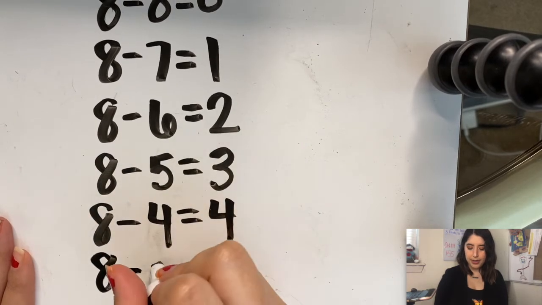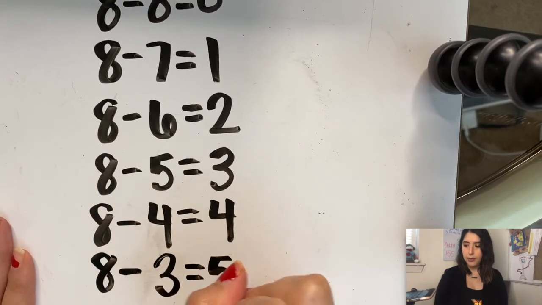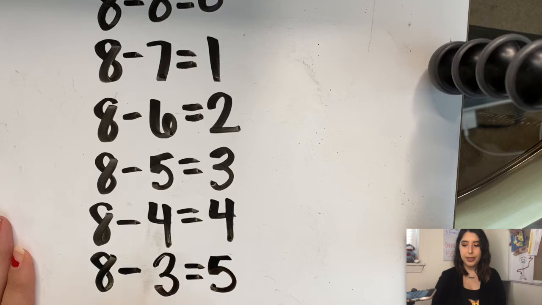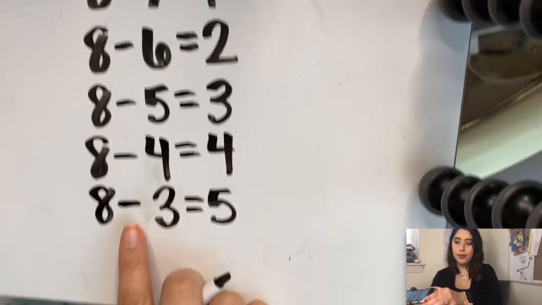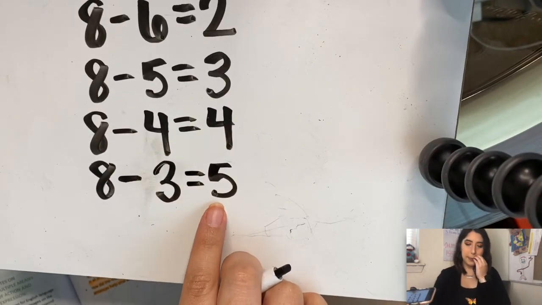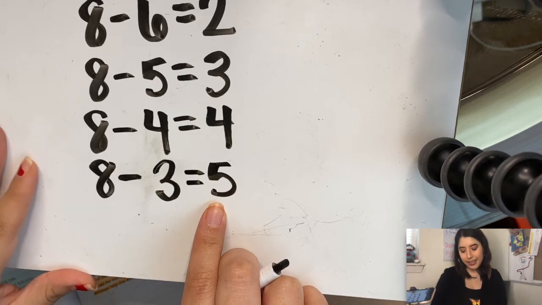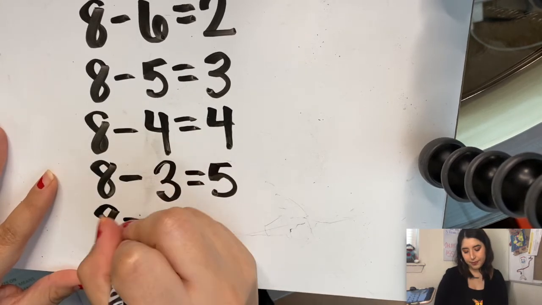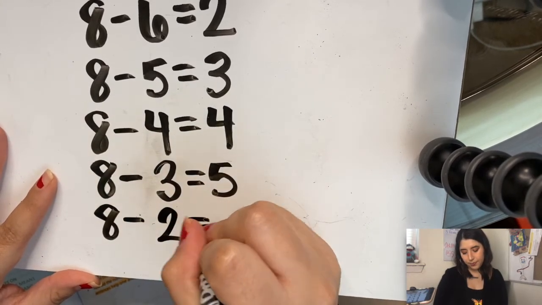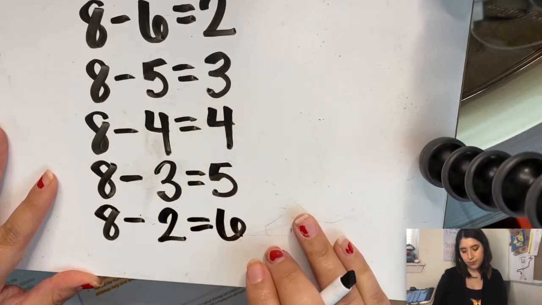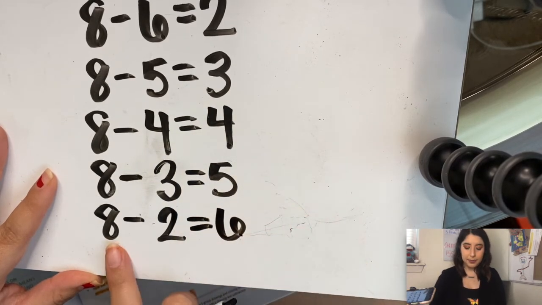Eight minus 3 equals 5. Read it to me. Yes, 8 minus 3 equals 5. Read it to me.